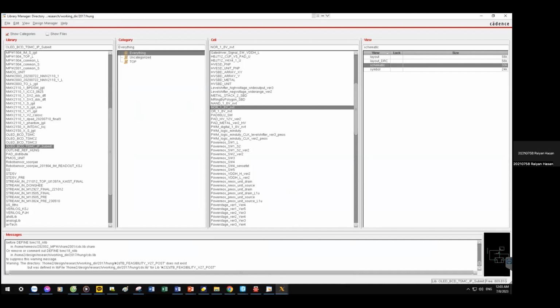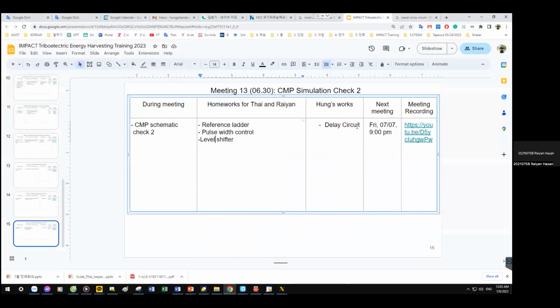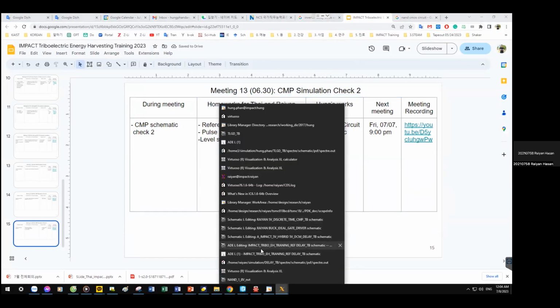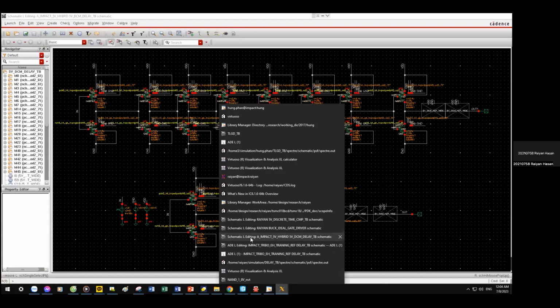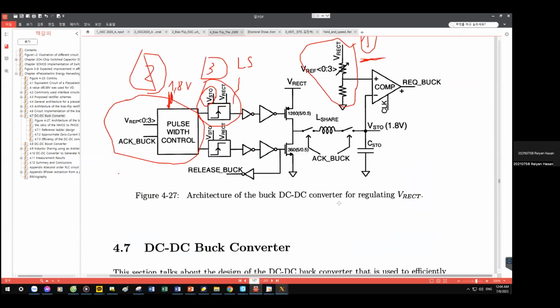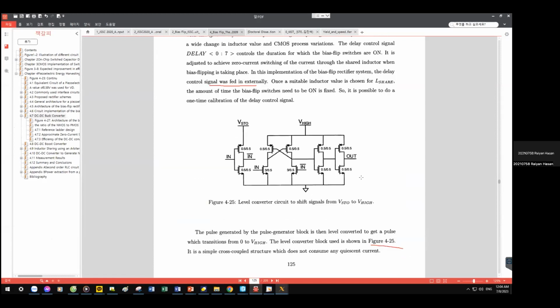Because you have not studied yet, I will make it and give it to you. I will send it to you later. I will make it because you need to study logic gates to make them, but now you have not studied. So I will make it. And the level shifter circuit is here.